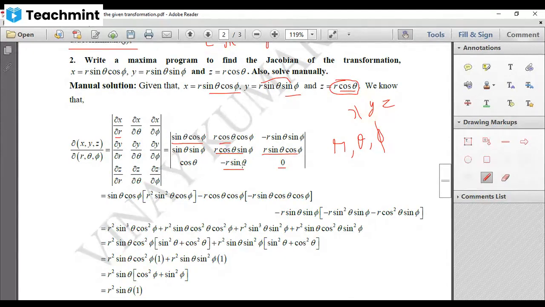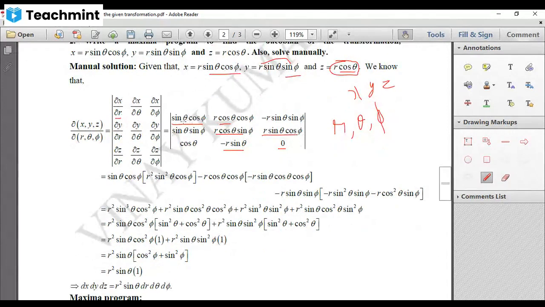Now expand this determinant. Sin theta into cos phi. You leave this column and row. You'll get r cos theta sin phi into 0, which is 0, minus into minus becomes plus, r into r square, sin square theta cos phi. Then minus r cos theta cos phi. Take this. Now take this one. Right? So you have to leave this row and this column.